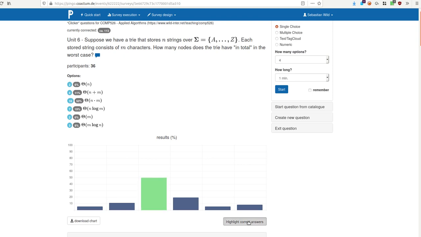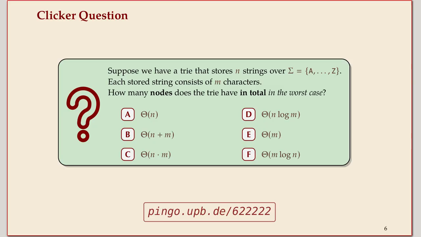Many of you got this. So maybe we don't have to discuss it in very much detail. Would one of you like to explain why that's the right answer? Oh, no, it's stuck again.